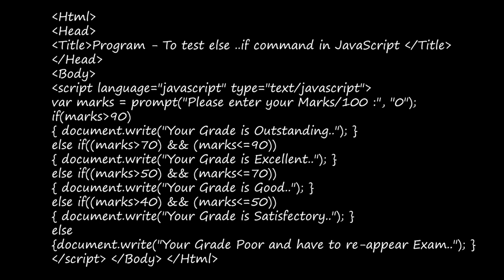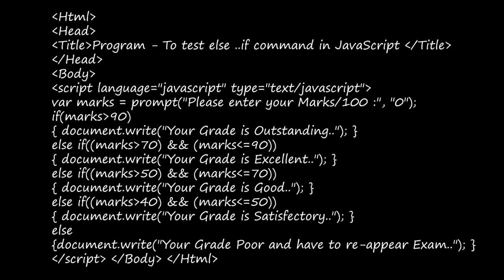If the mark is between 70 and 90, document.write "your grade is excellent" will be displayed. And if this is also not true, the next block is there: else if mark is greater than 50 and less than or equal to 70.